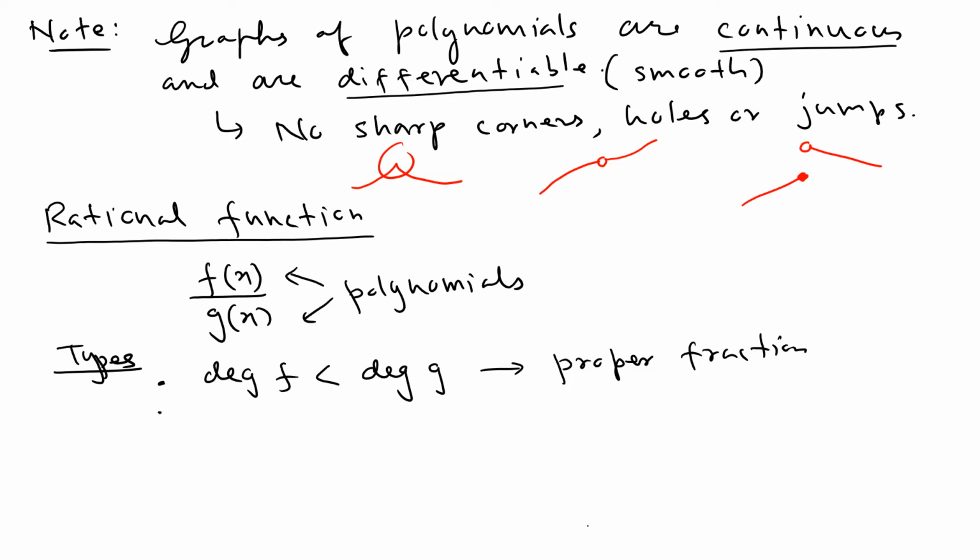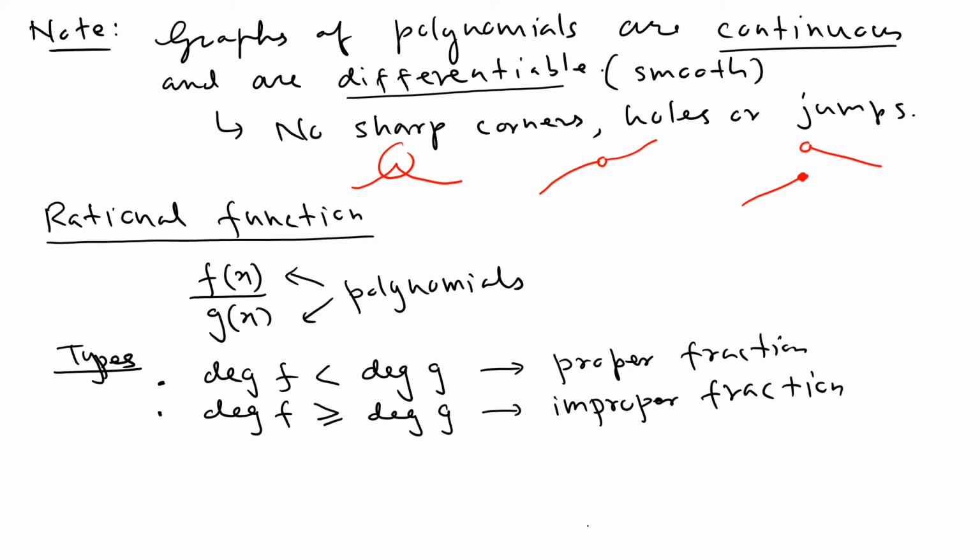And when the degree of the top function in the numerator is greater than or equal to the bottom function, we call this an improper fraction. If you have an improper fraction, what are we going to do? We can divide them just to bring it to the right form.